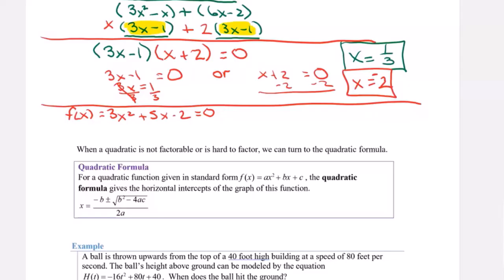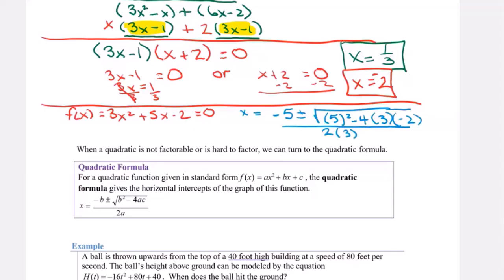So let's say x is equal to -b, and b is 5, plus or minus the square root of b, we already said was 5, b squared minus 4 times a times c. C is -2. This whole thing divided by 2 times a.